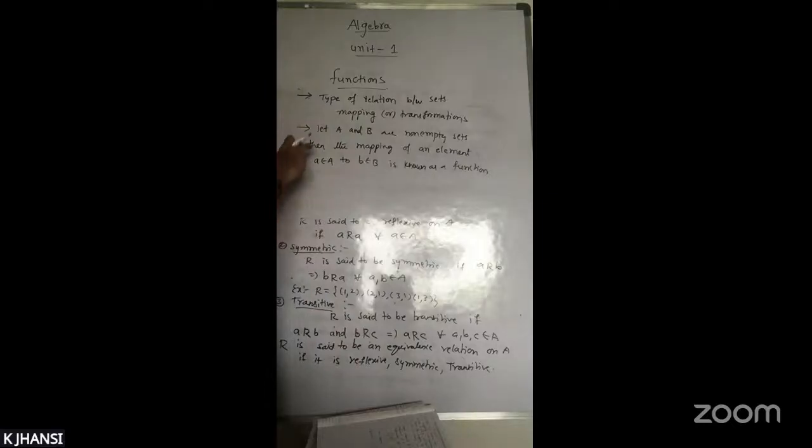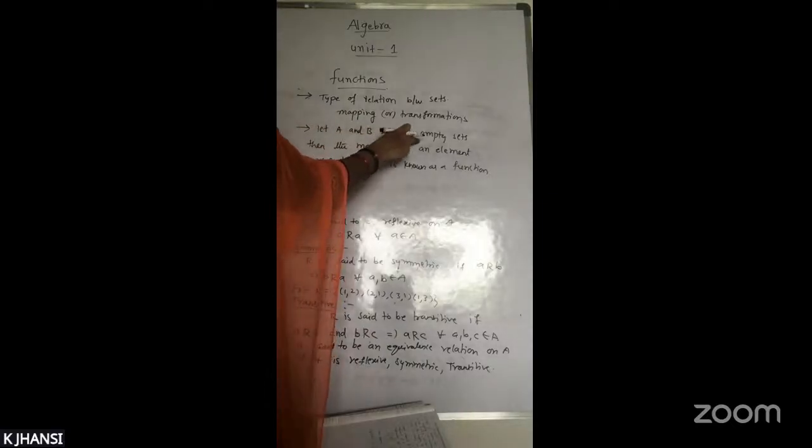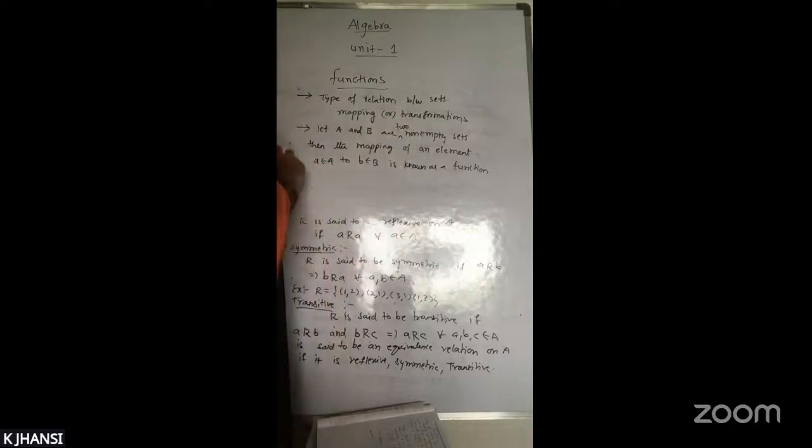A is the element from set A and B is the element from set B. If you are doing the mapping between these two elements, that is known as a function.